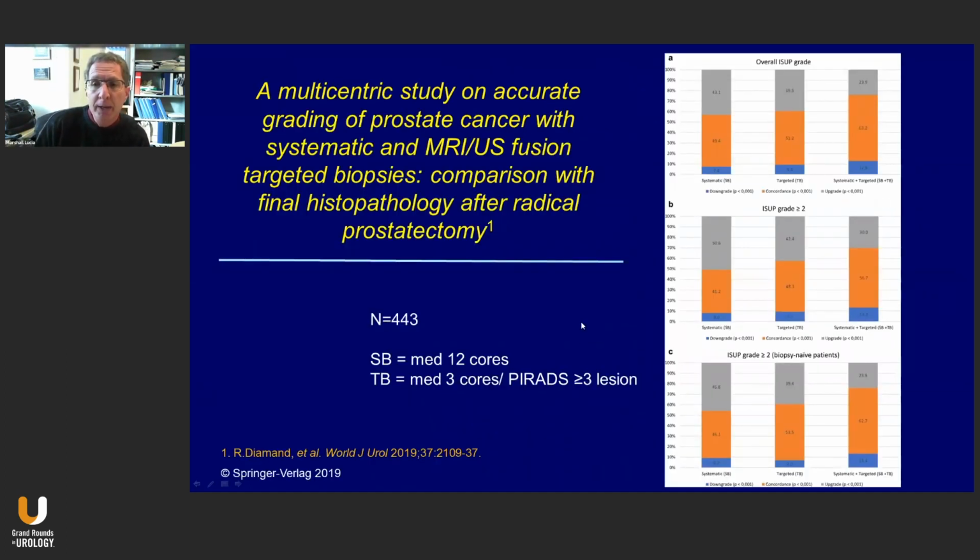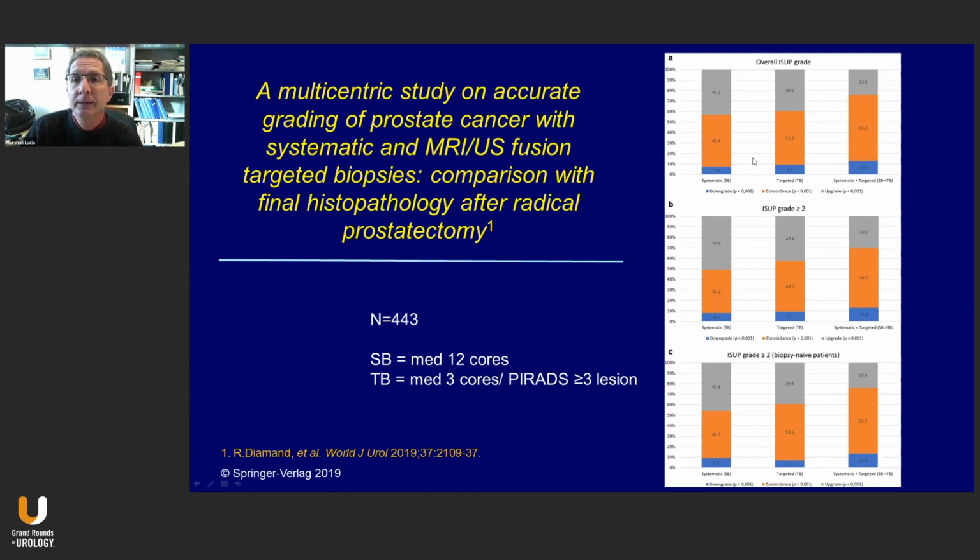Now, again, we need to try to compare grade results with the prostatectomies. So this is another multi-institutional study, this one out of Europe, that looked at 443 patients who had both a systematic 12-core biopsy plus targeted biopsy, MRI targeted biopsy.